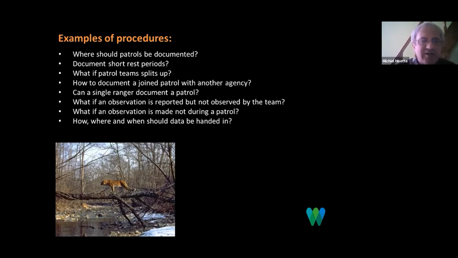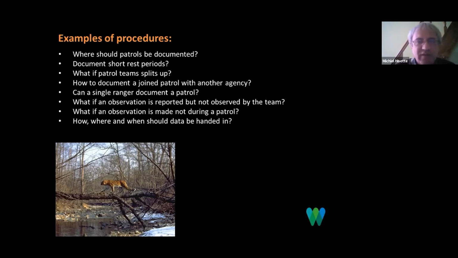You might decide that it's good to include it because maybe violators going into the protected area can be observed from that road. So it makes sense to patrol on that road. And if that makes sense, then have a procedure that defines that once you're on that road, data collection should already start. Questions like whether short rest periods of 10 minutes or 50 minutes or half an hour should be collected.